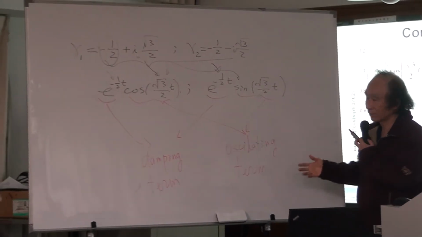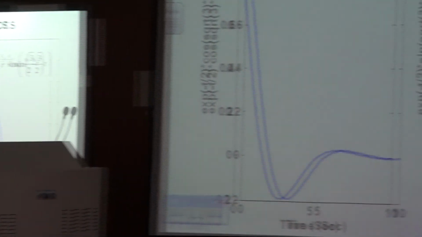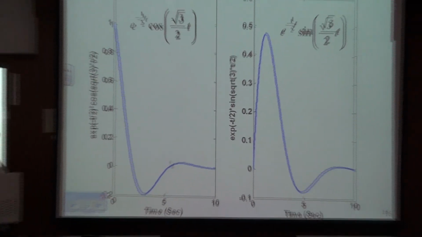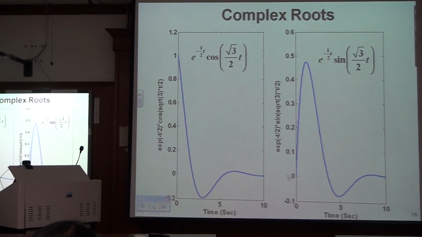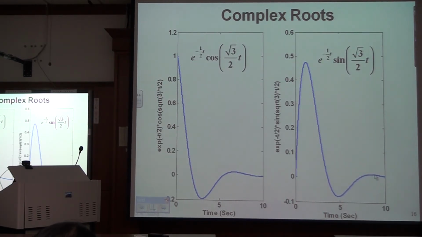So look at this chart. You will be able to see that this is coming down, and then coming up, and down, and then almost gone. The same thing here, you're going up, and then coming down. See? That's the complex roots. So we learned the real roots, we learned the complex roots, and in dynamic systems, most of the systems have complex roots.